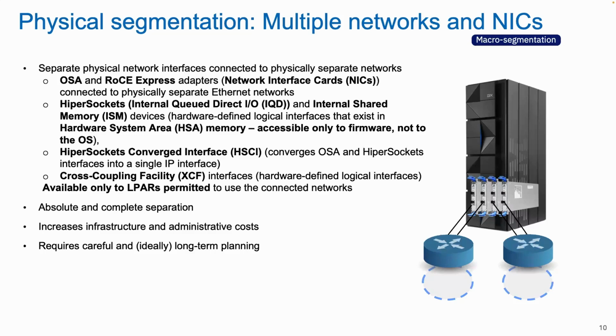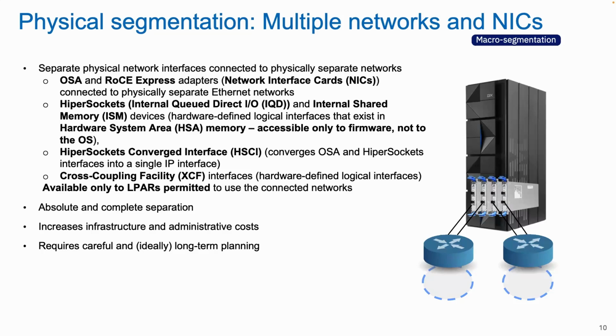We also have what's called cross-coupling facility or XCF interfaces. These are the interfaces that are used to talk with the coupling facility when TCP/IP joins a sysplex, and we'll talk about that when we start talking about dynamic VIPAs as another type of segmentation. When you join a sysplex, what TCP/IP does is it communicates with all of the other TCP stacks in that sysplex.